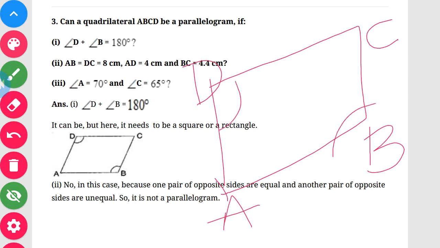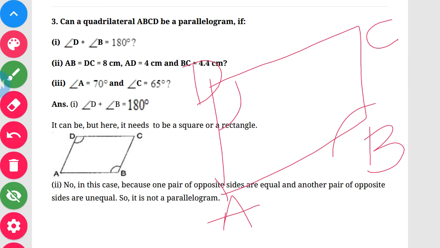And if it is opposite angles, let me tell you, it is only possible if each is 90 degrees, children. It needs to be a square or a rectangle. I told you, it should be 90 degrees, then it is possible. So here, it is not 90 degrees, which means it is a parallelogram. In case of a parallelogram, it is not possible, because the angle here is not 90 degrees.